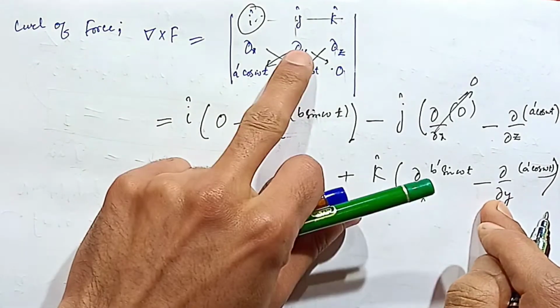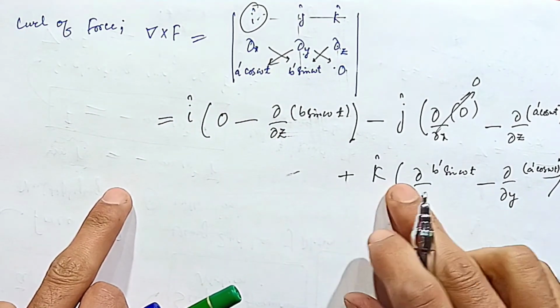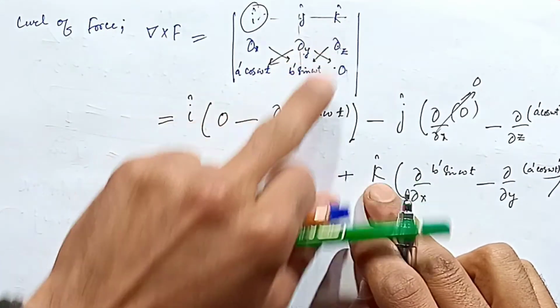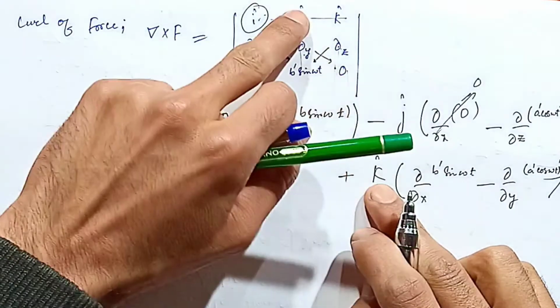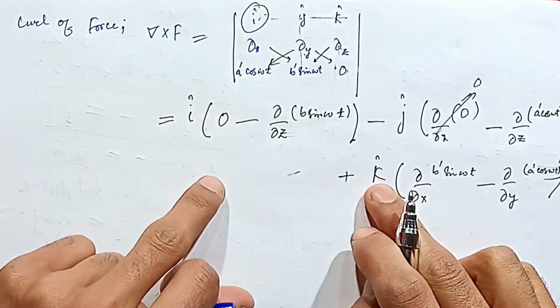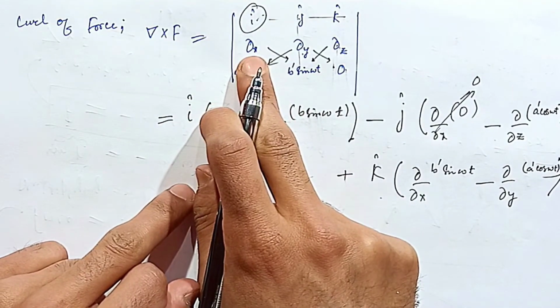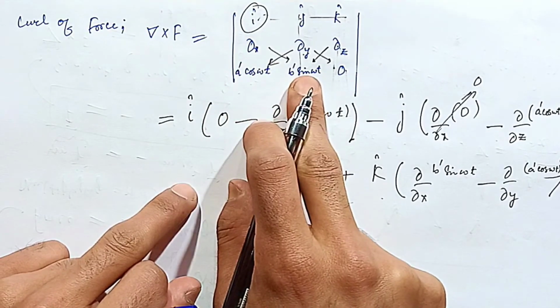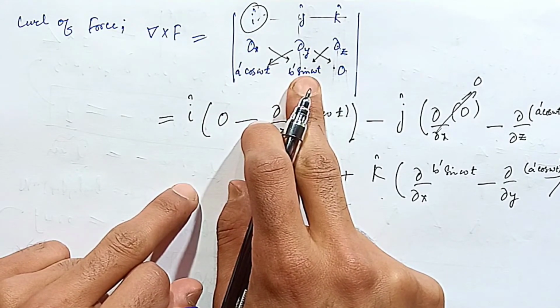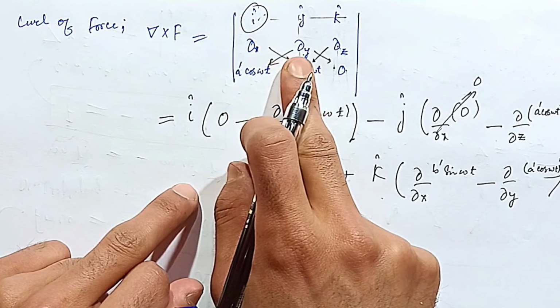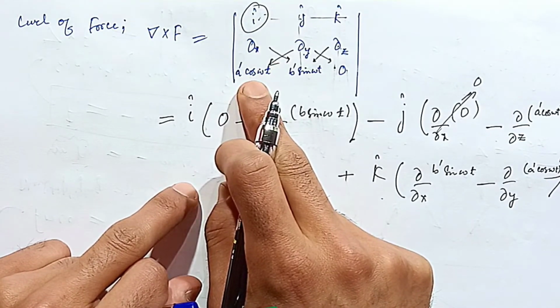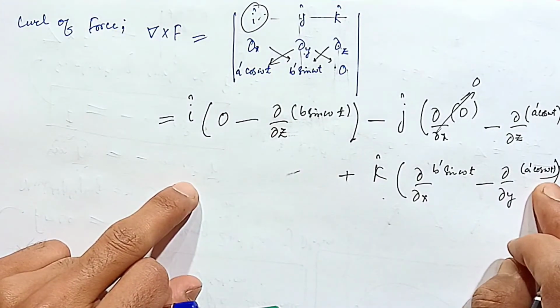Hope you are getting this. This is the rule of determinants. Differentiating with respect to x acts upon b sine omega t, then differentiation with respect to y acts upon cosine omega t, which I wrote here.